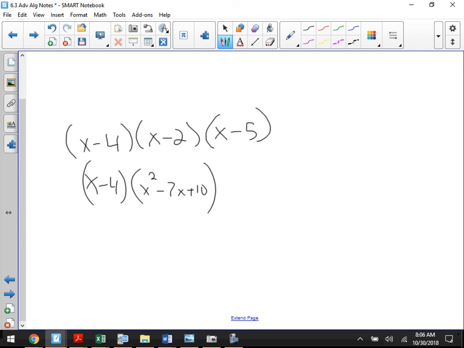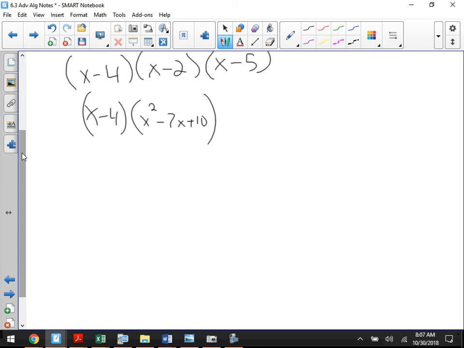Because then it looks like the problem we just did a second ago, where you always distribute the front first, and then you send that value through. Okay. Do you have to do it that way? No. All I'm doing is just making it easier for myself, because I like to distribute going from the left to the right, as opposed to right to left. Makes more sense. So if you do that, then you're going to get x cubed minus 7x squared, 10x.